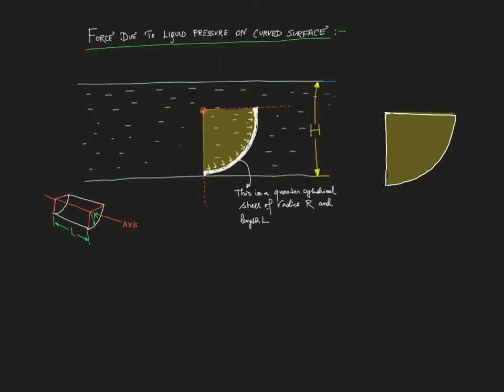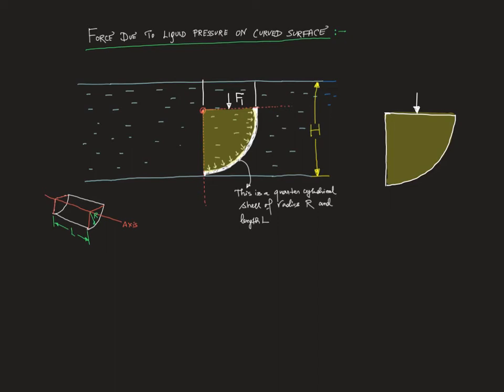Now, so the force due to liquid pressure on the top surface, how much it is? Say this be F1. F1 is force due to liquid pressure on the top surface. So it's actually the weight of the liquid on top of it, right?